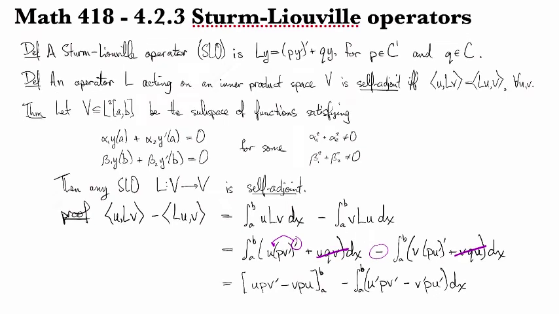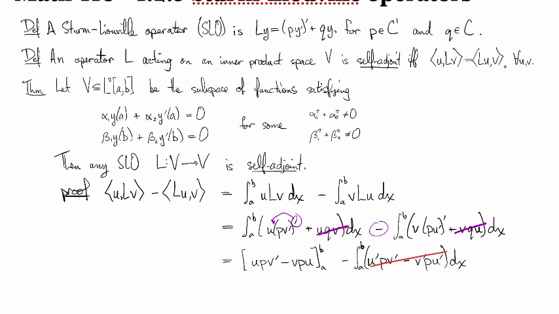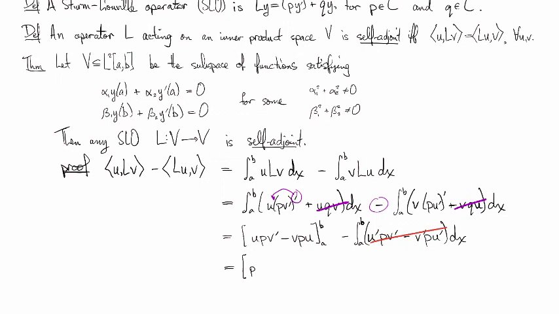Those are gone. And speaking of cancellation, now we see that the integrand here actually zeroes out. And so all we're left with is this part, and I can factor the p out of there. And then you notice that we're looking at u v prime minus v u prime. That's exactly the determinant of the matrix that has u, v, u prime, v prime.